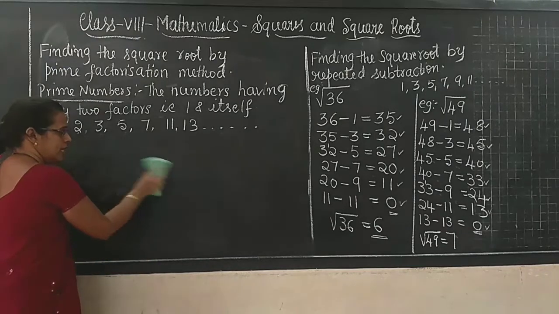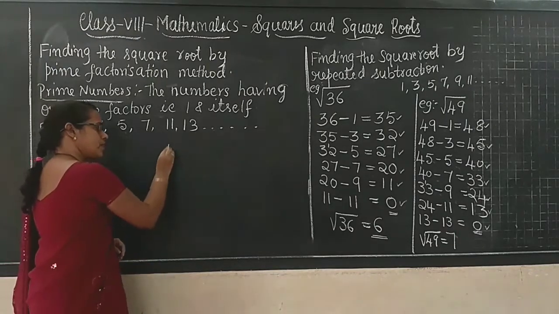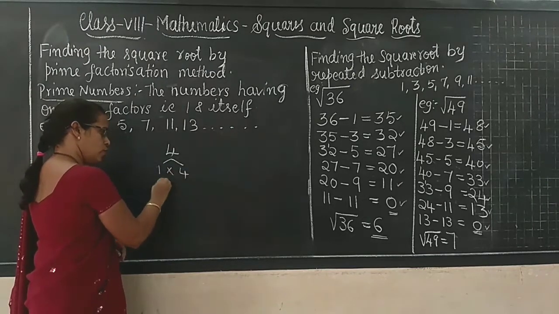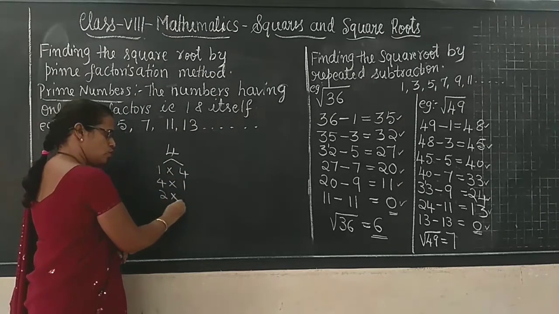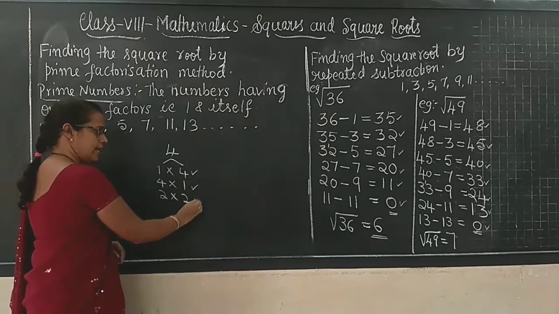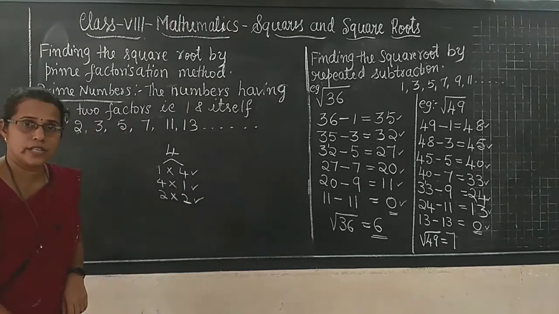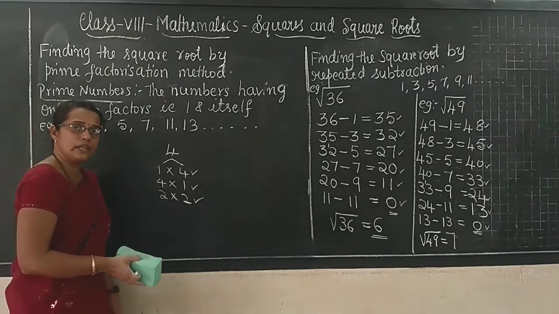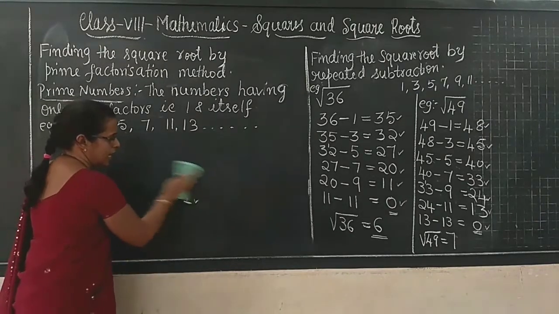Okay, children. So now if I take 4, it is 1 four is 4, 4 ones are 4, 2 twos are 4. How many factors are there? More than 2 factors. Yes, so children, 3 factors are there, which means that is not a prime number. Okay, children. So 4 is not a prime number.